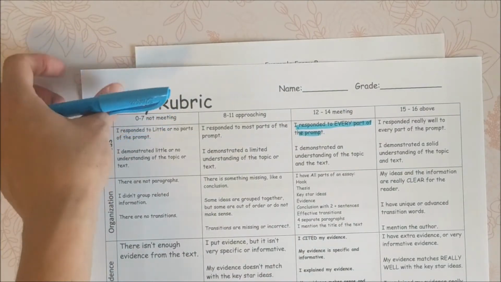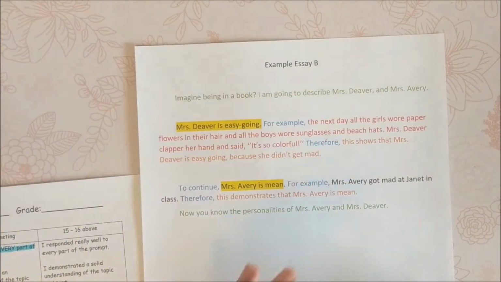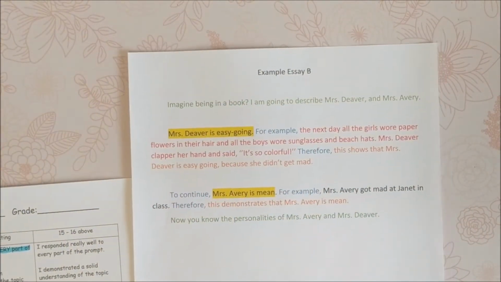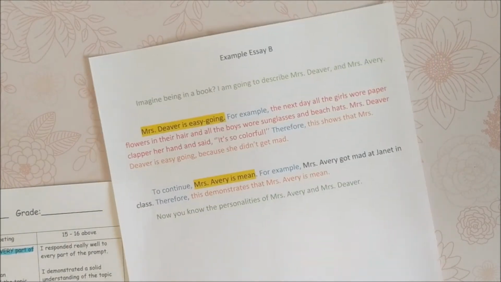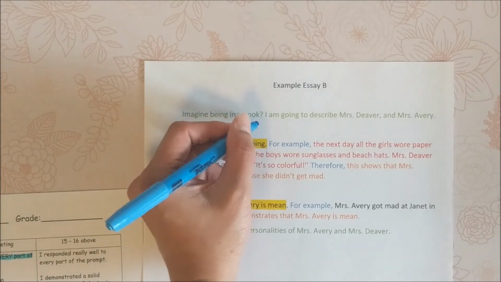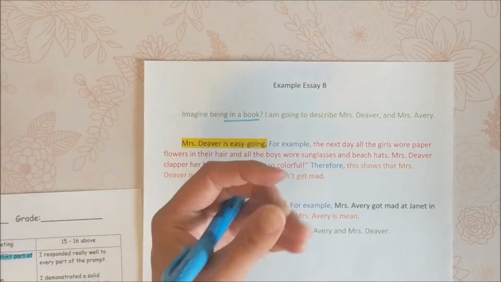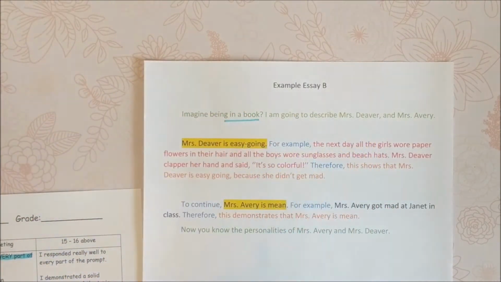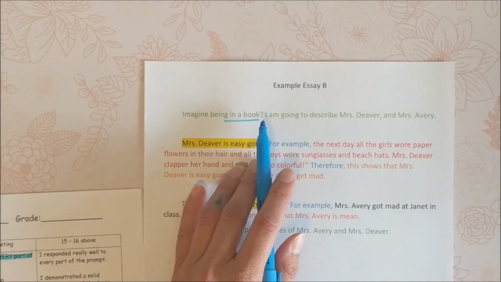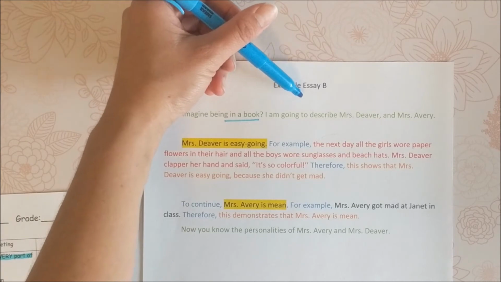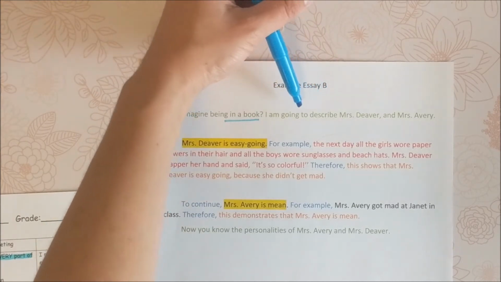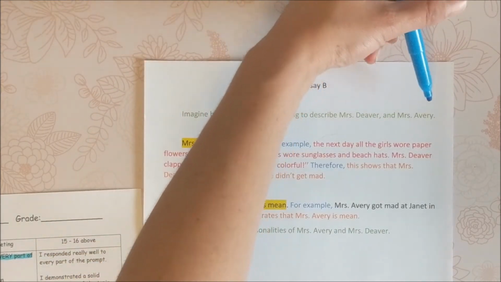But it doesn't really sound like they're very, very on board and really understanding with what we're doing. Because, for example, they say imagine being in a book, but they don't really tie that into this. They don't say, imagine being in a book. Wouldn't it be cool? The characters in books all have different personalities. Today, I'm going to describe Mrs. Deaver and Mrs. Avery from the book Frindle.